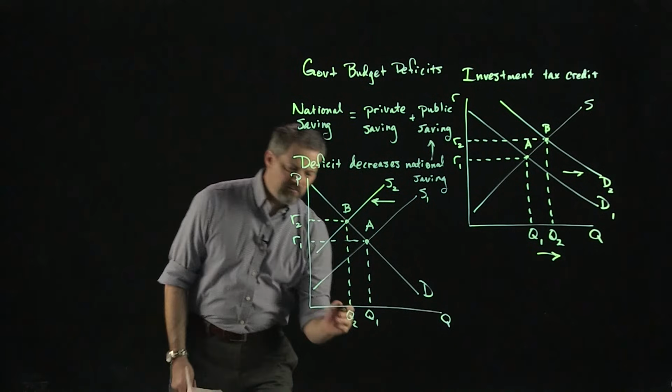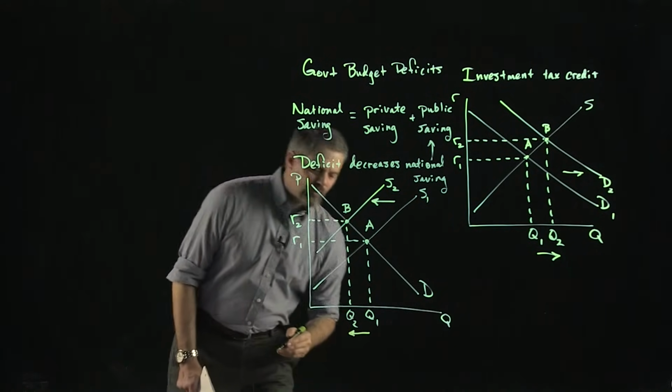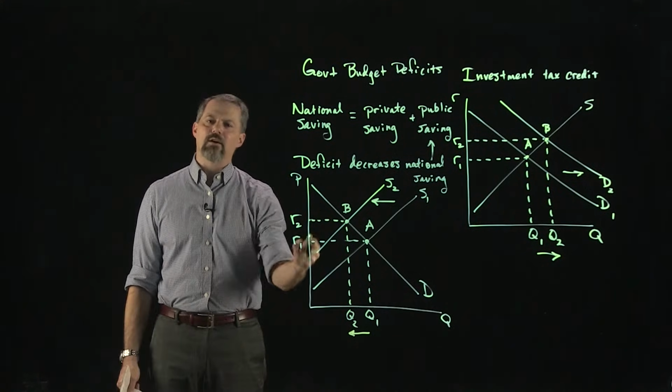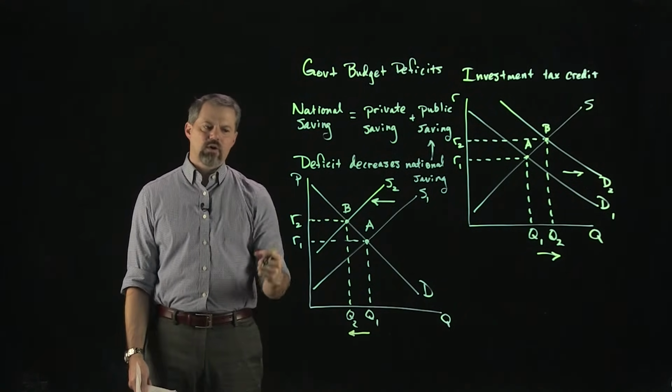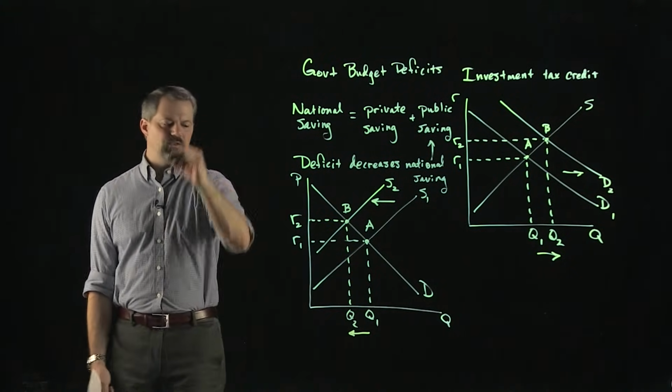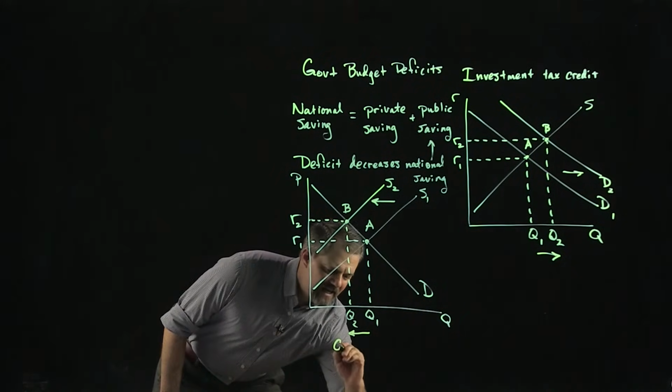We've got a name for what's happening right here. We say that these government deficits are crowding out private investment. It crowds out private investment because it drives up the interest rate. So this we call crowding out.